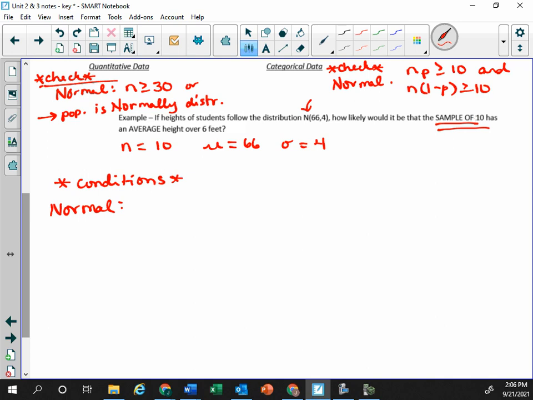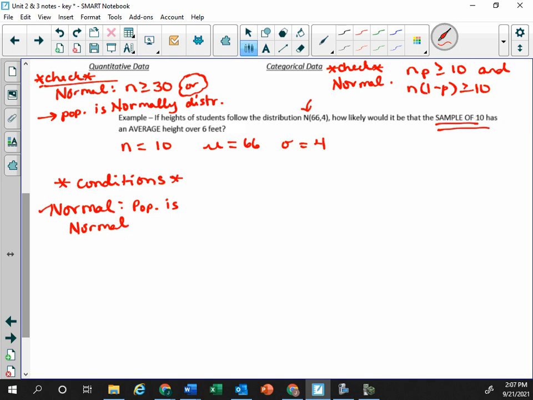So yeah, good question there. I don't think I emphasized either one of these. If they tell you the population's normally distributed, you're good. You don't have to worry about sample size or anything, okay? If you don't know that, then yes, you do have to check the sample size. So good question there. So yes, we can say normal because population is normal.